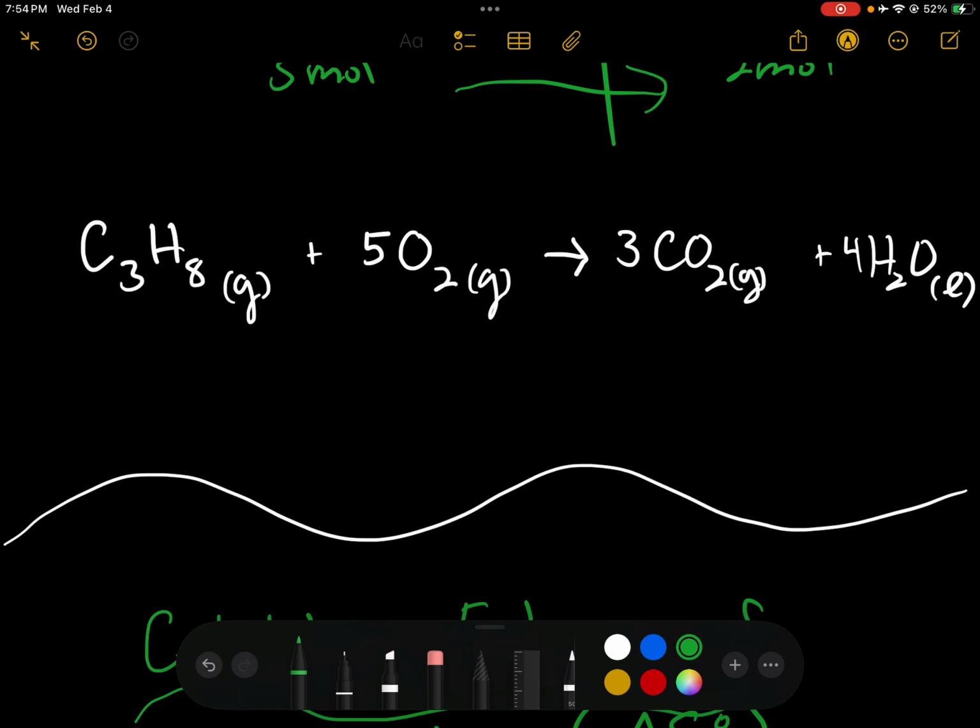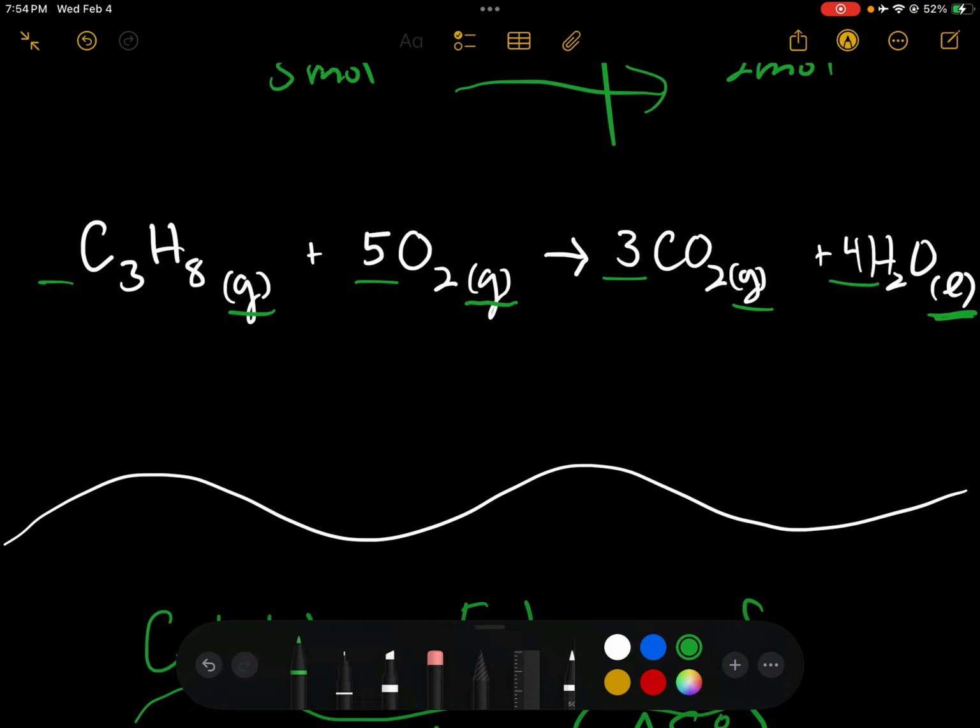So what I see overall is that I have gas, gas, gas, liquid. We know that gases overall have a lot more chaos than liquids do. However, the other thing that I'm seeing that's changing is my amount, or my moles present. So let's see.